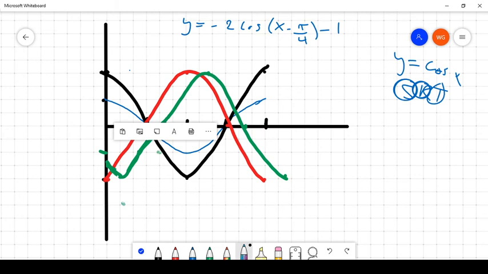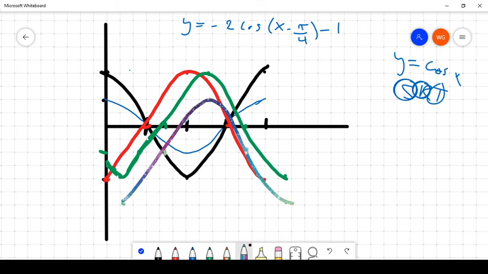This maximum will now be shifted down to here, this will be shifted down to here, and this will be shifted down to here. And we're just going to connect those points. Connect, connect, connect. And then it'll once again come back up slightly here at the end. So something like that.